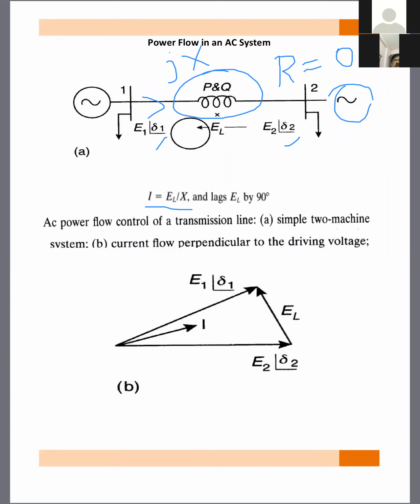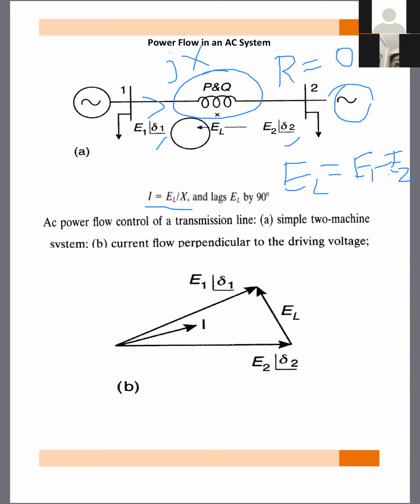The difference in voltage is the phasor difference E1 minus E2, with angles considered: E1 at an angle delta 1 minus E2 at an angle delta 2. That potential difference between the sending end and receiving end, divided by the impedance jX, gives rise to this current.